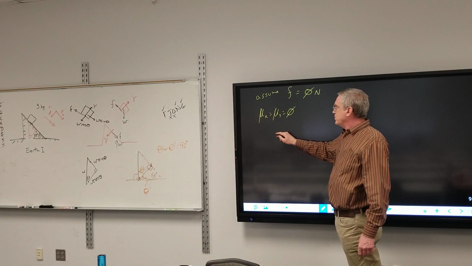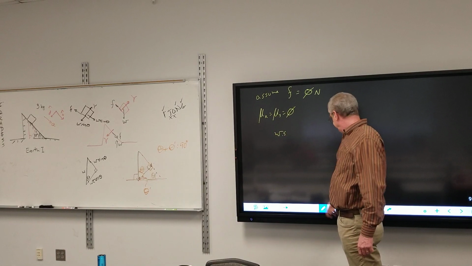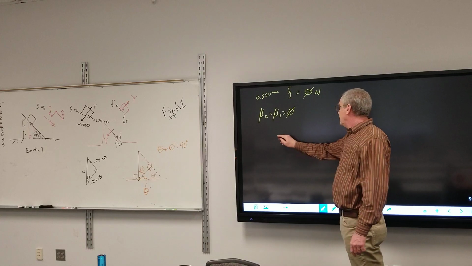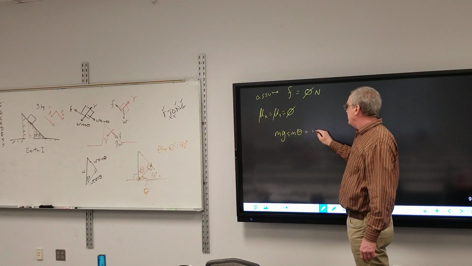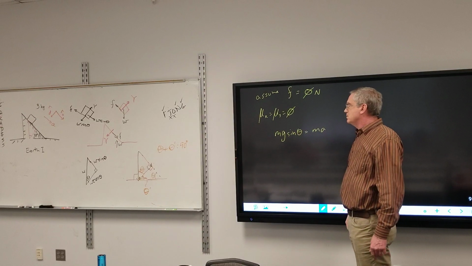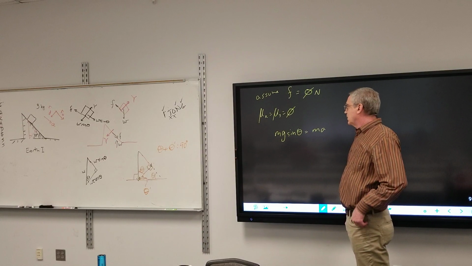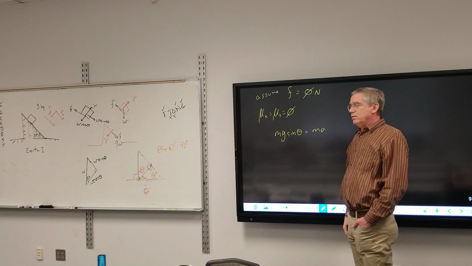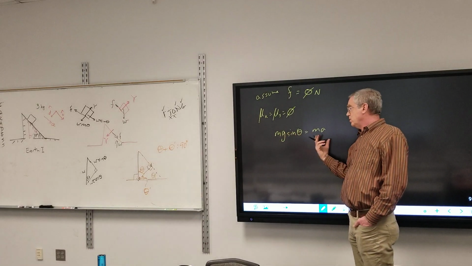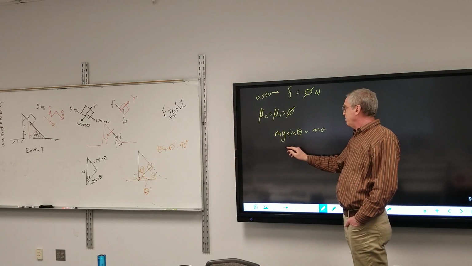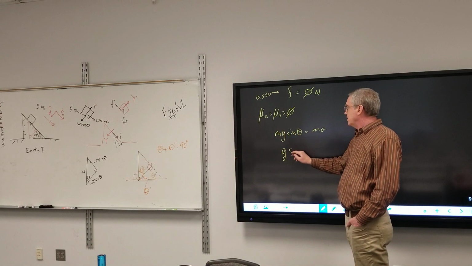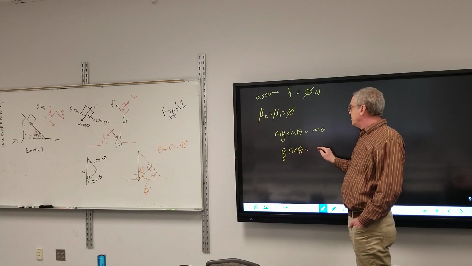So that means my first equation breaks down into W, we got past that already, mg sine theta is equal to ma. At this point, you might notice that I have M in both terms. I can divide the M's out, and I get g sine theta is equal to the acceleration.